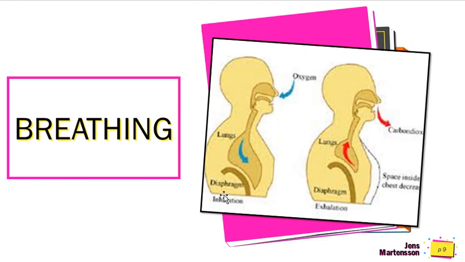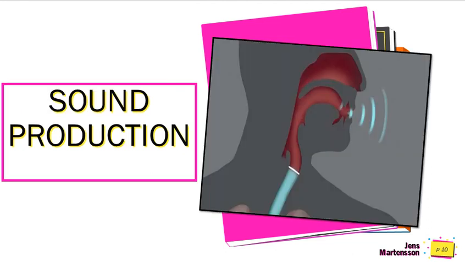Next, we have the sound production. So take note that as the oxygen or the air enters into our nostril or into the nose, the air passes into the larynx. The larynx is known to us as the voice box or the sound box in our body.